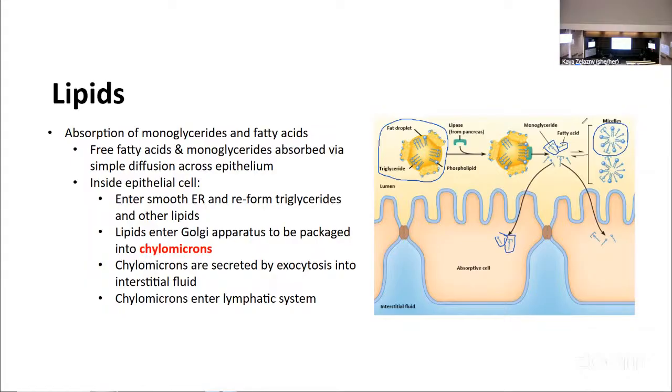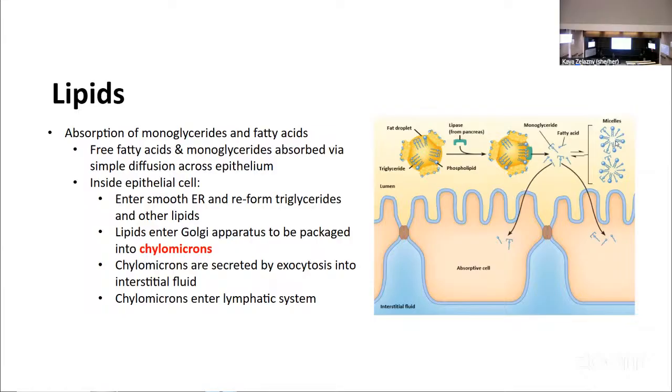Our micelles, you can see these non-polar parts, these fatty acid tails, are all facing towards the center. So we just don't have a double layer. We don't have water inside. We just got this little glob of small lipids. Okay. So we're going to absorb dribble by dribble little bits of these fats into our absorptive cells.